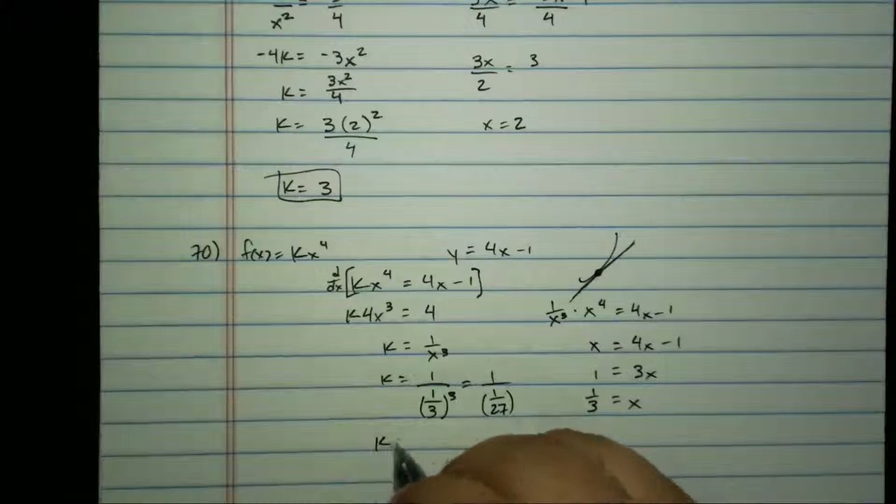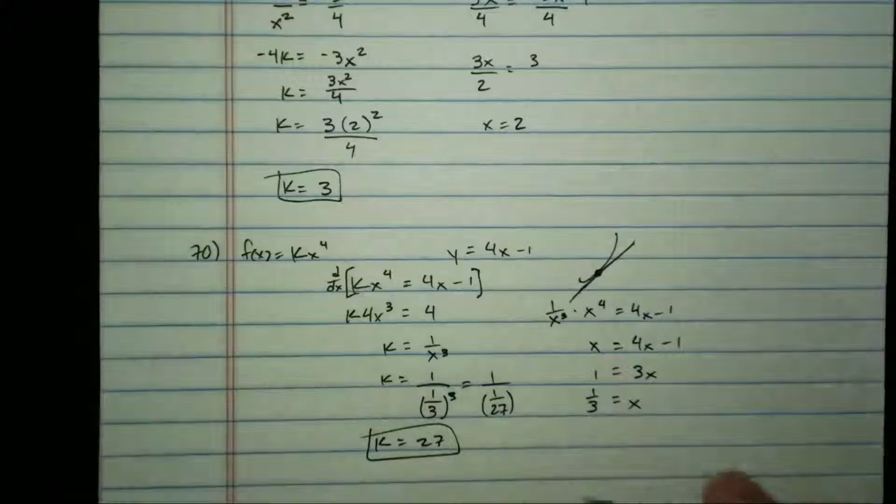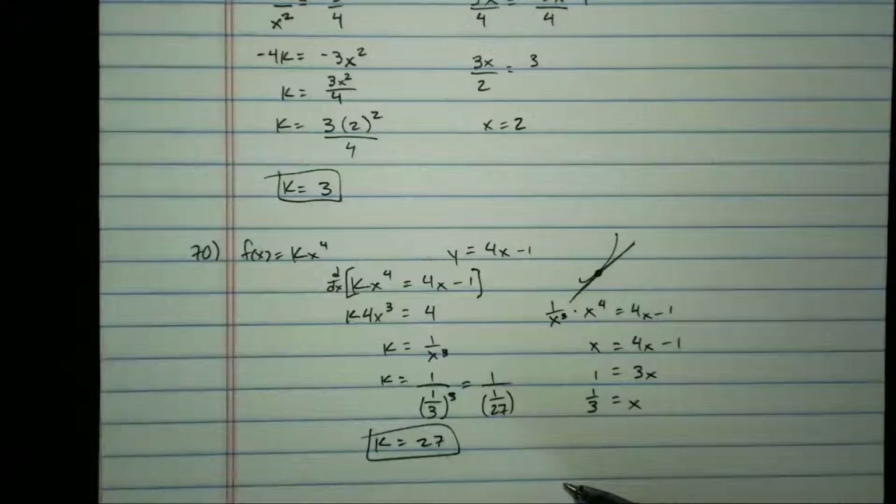So in other words, k is 27. Yeah, it's because it's 1 over.